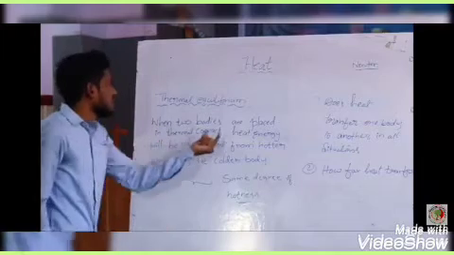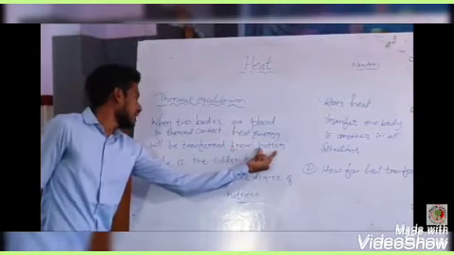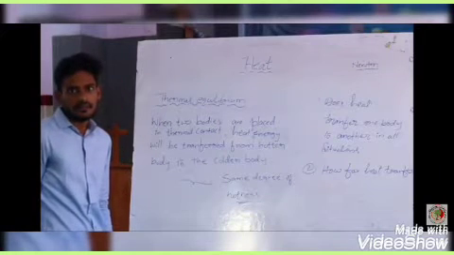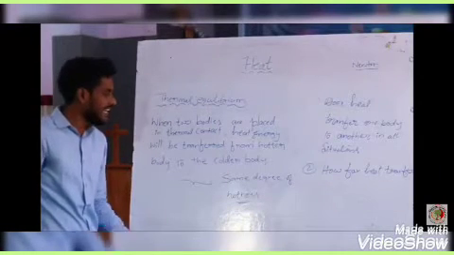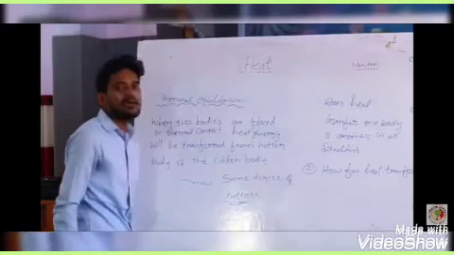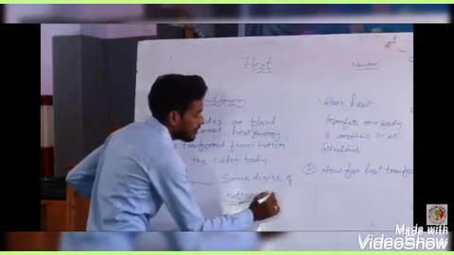That's why heat energy will be transferred from the hotter body to the colder body until a time when both reach the same degree of hotness or the same temperature.